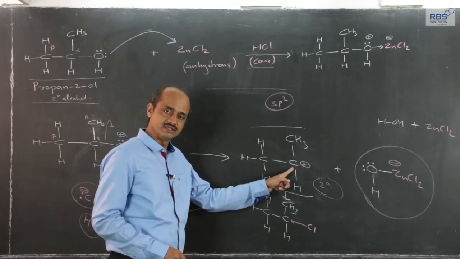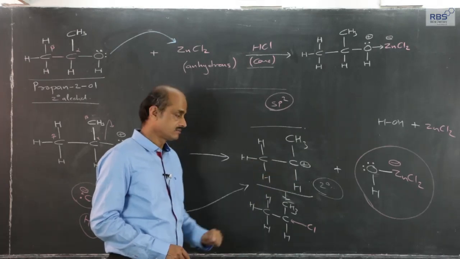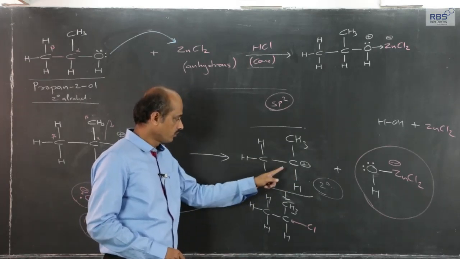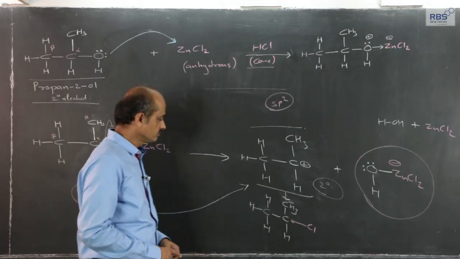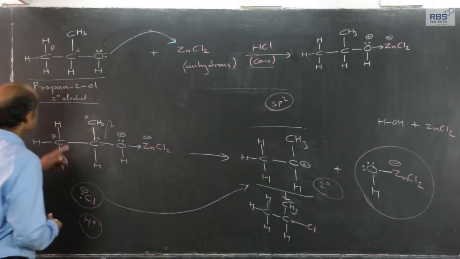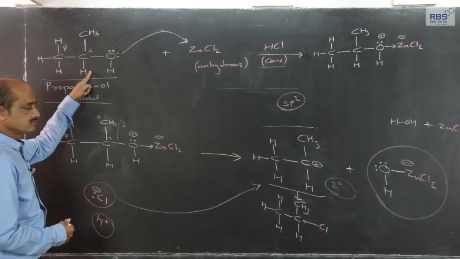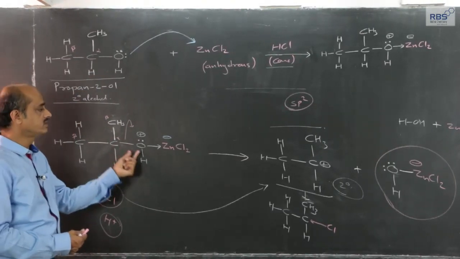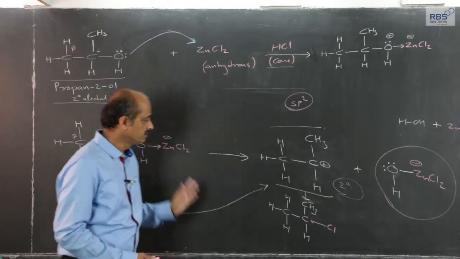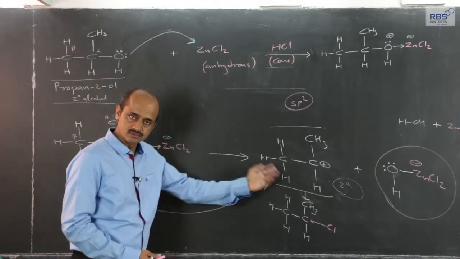So, a secondary carbonium ion is more stable than primary, and the path through the more stable intermediate is followed. If it is a secondary alcohol and heterolytic breaking gives a more stable secondary carbonium ion, then this path is followed.